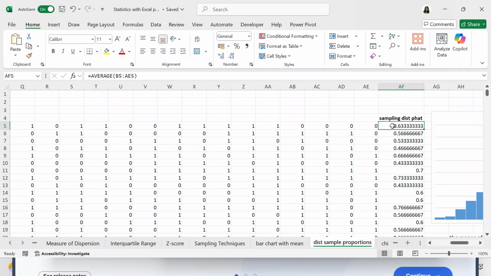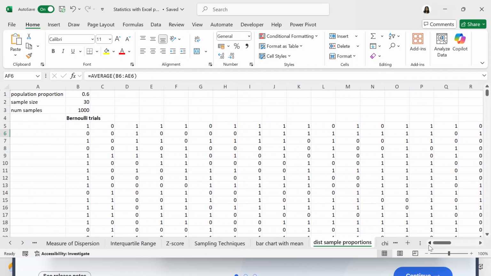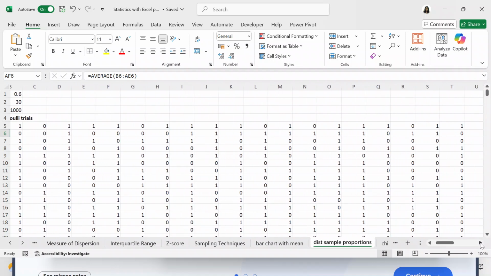And then you copy this all the way down to cell, I believe it's 1004. So you have an average of 1,000. So you've got 1,000 samples, I believe it is. Yeah, you've got a sample size of 30 and a number of samples of 1,000.